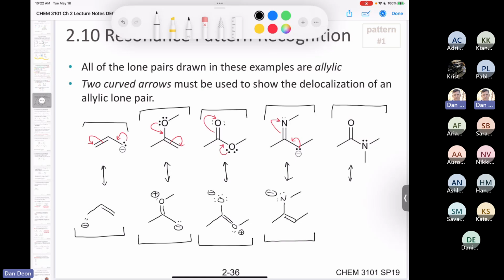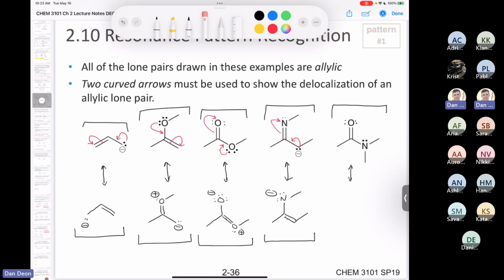And for the last one, can anybody tell me what functional group is found in the last one? Which functional group is this? Anybody recognize that functional group from a police lineup? Exactly, that's an amide. Yes, it's an amide.